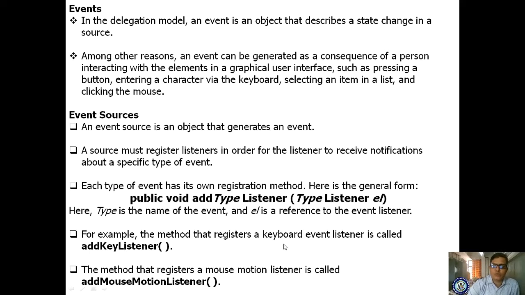You are seeing here that the mouse is moving up, down, left and right, moving the cursor insertion point. These are mouse motion listeners, so to specify that event we use public void addMouseMotionListener, for movement of the mouse.